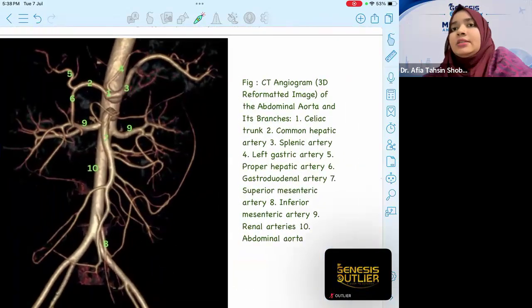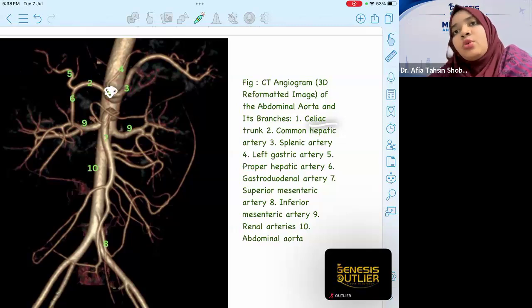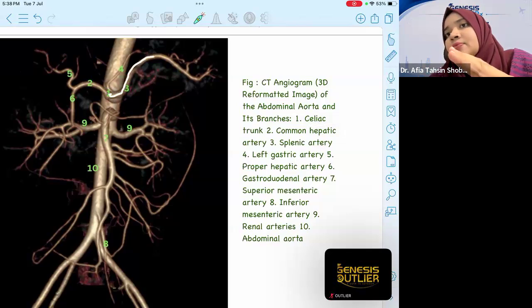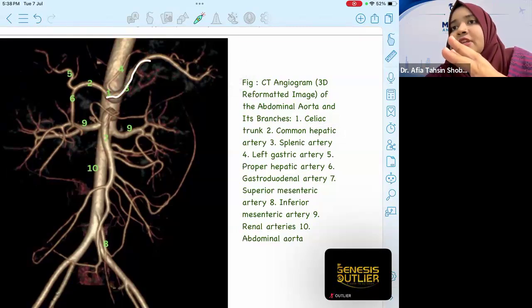So come to identifying these structures. First of all, I want to start from one. Here is celiac trunk. We already know celiac trunk has three branches. Three, here see, it is going to the spleen, so three is splenic artery.